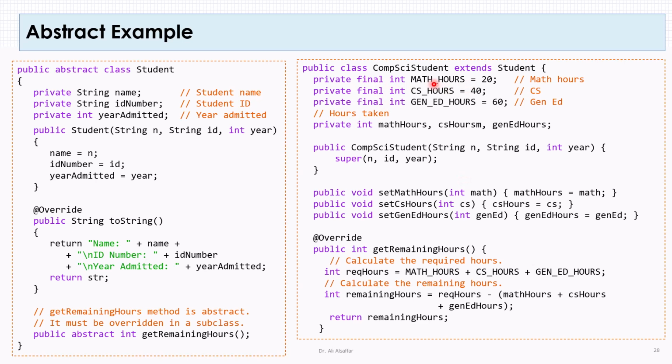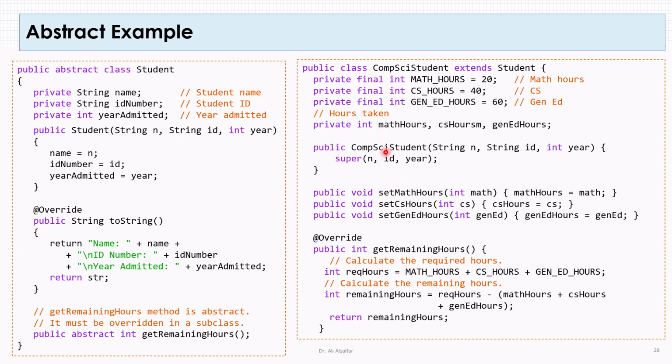First, it has 3 constants for the required credit hours, for the math hours, computer science hours, and general education hours, followed by 3 private data members for the completed math credit hours, CS credit hours, and general education credit hours. We have a constructor that calls the superclass constructor. And we have set methods for the 3 private data members.